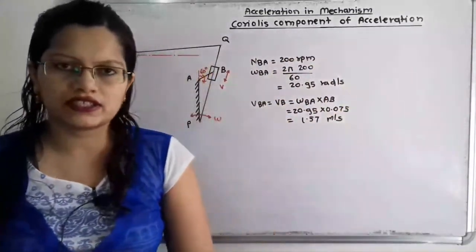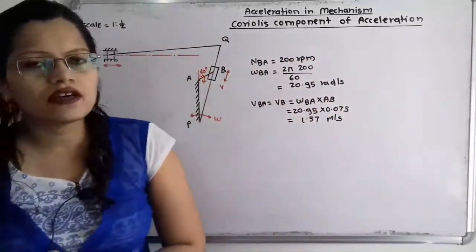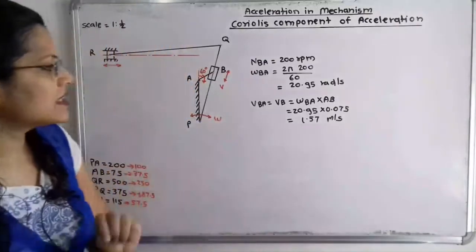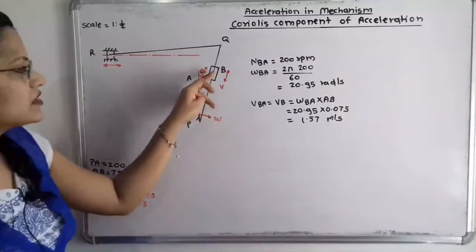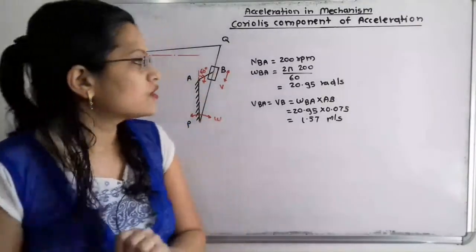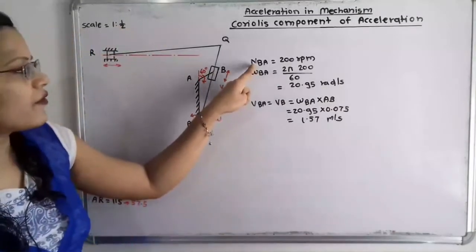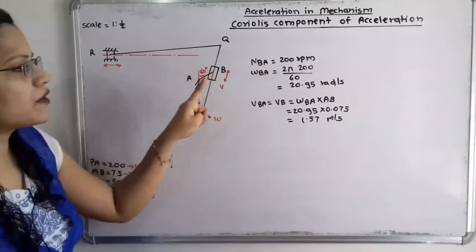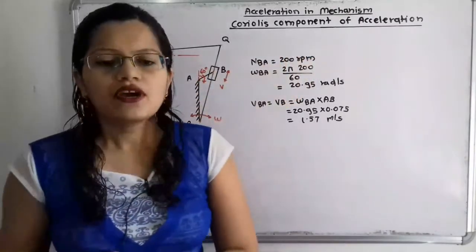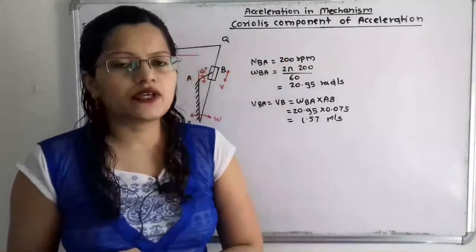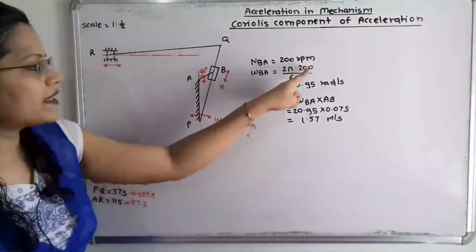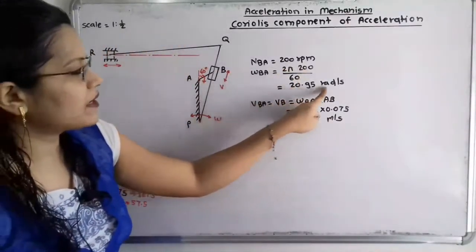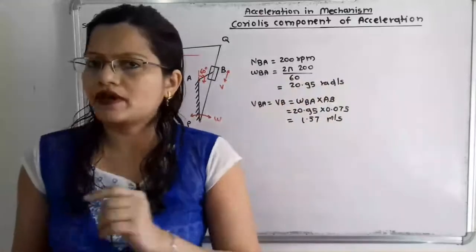Now we will first calculate the linear velocity for the crank AB, because the rotating speed is given for NBA, that is the rotational speed of B with respect to A, 200 rpm. From that we can calculate omega, that is 2 pi N by 60, which is equal to 20.95 rad per second.